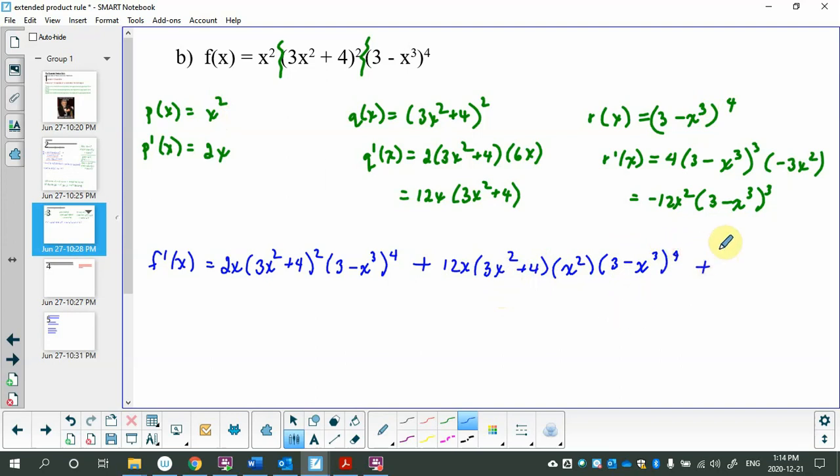Plus, I can start, but I don't want to break in the middle, so I'm going to break here. The derivative of the third times the original first and the original second.